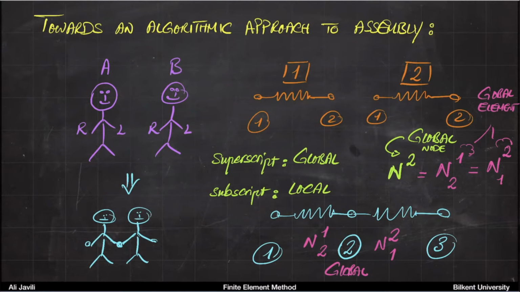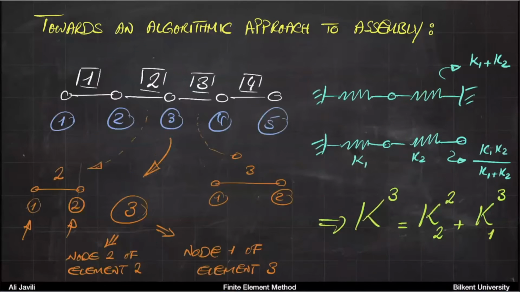Now we want to extend that idea to an approach where we do not necessarily know how many nodes we have. We can have large systems and we don't need to include our human intelligence to it, so that we can later program it. So we are looking for an algorithmic approach to the problem.